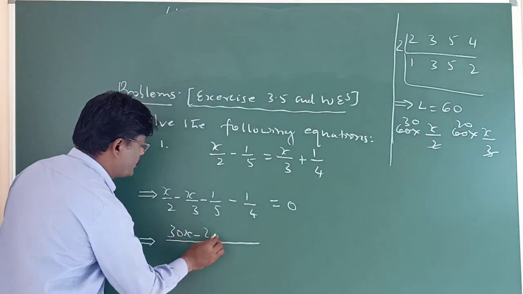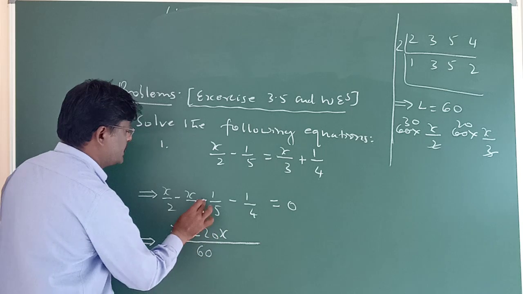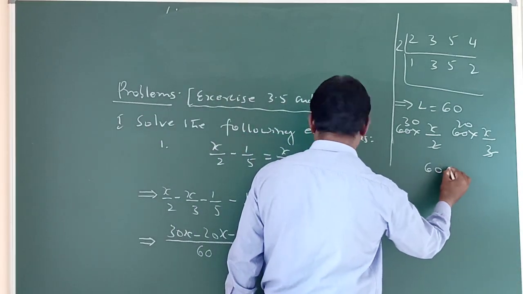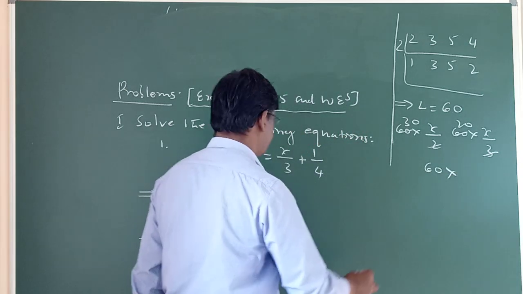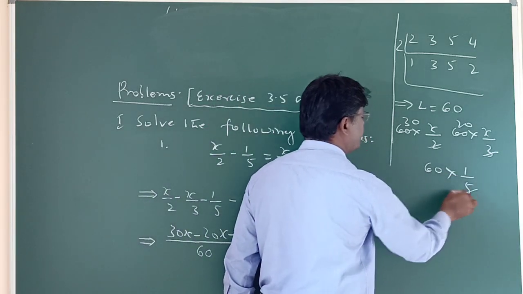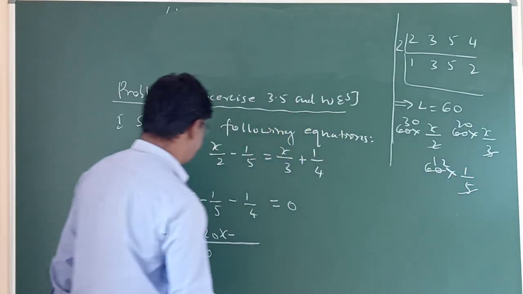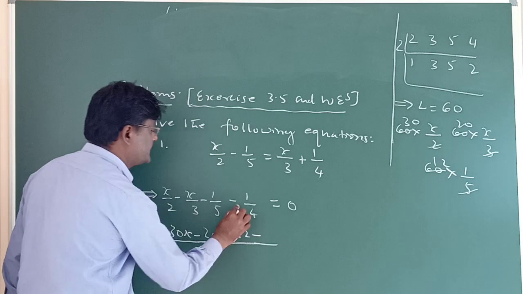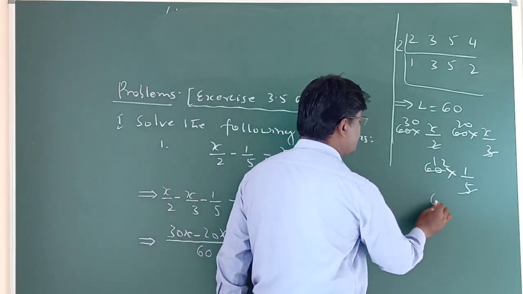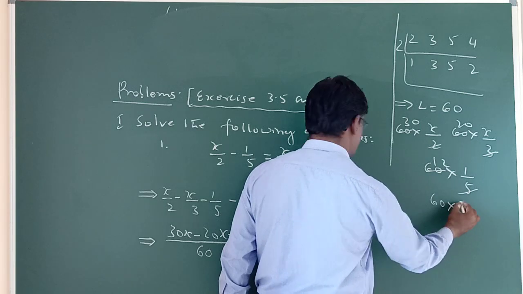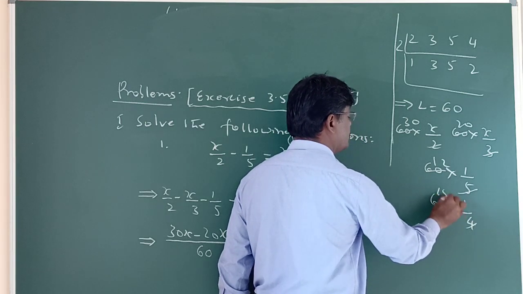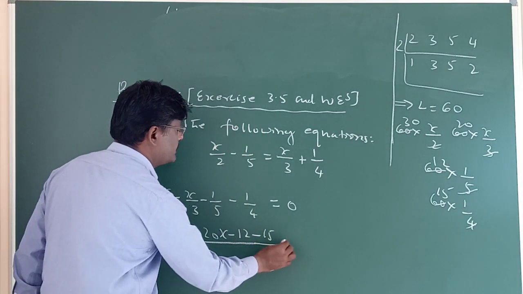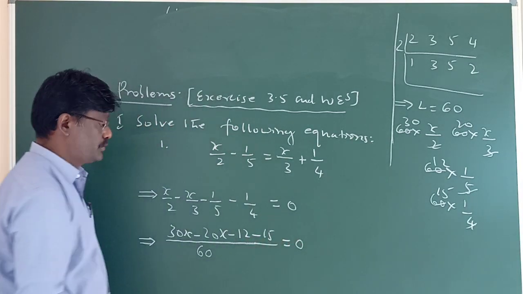Therefore, minus 20x. Then we have minus here 60 into what? 1 by 5. It goes 12 times. Therefore, minus 12. Then minus we have 60 LCM into 1 by 4, goes how many times? 15 ones are 15, put equal 0.